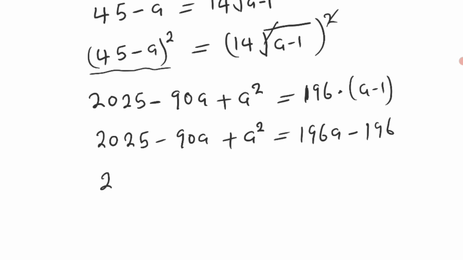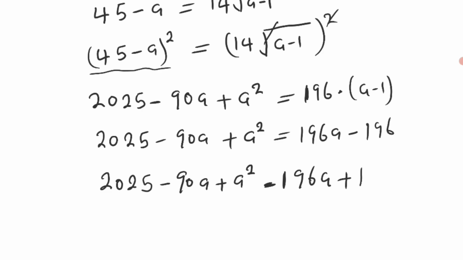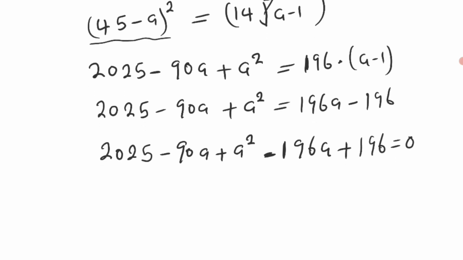Then this is 2025 minus 90a plus a square, then minus 196a plus this 196 is equal to 0.